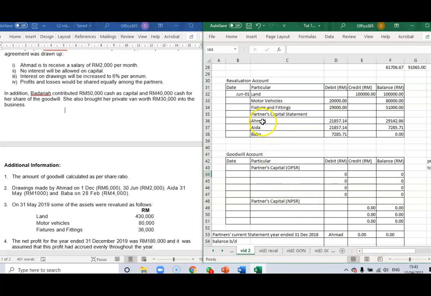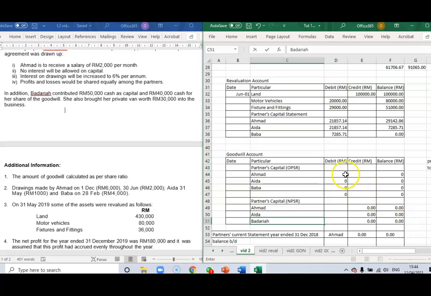So Ahmad, Ida, and Baba, that is the old partners. And the new partner ratio, Ahmad, Ida, and the new one is Badaria, yeah, because Baba is no longer in the picture.